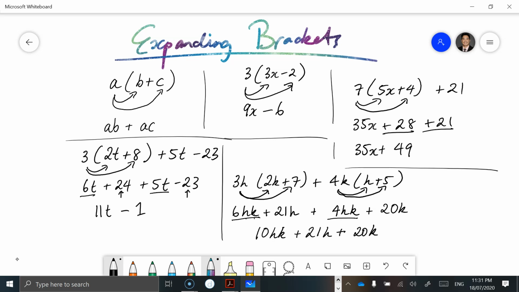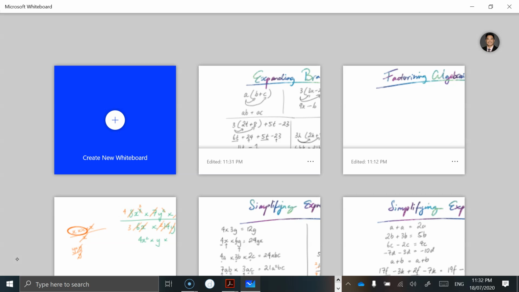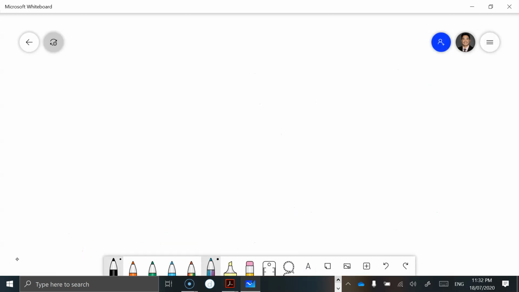Okay, so that's expanding brackets, and what I might do is, let's expand two sets of brackets, just to extend it once more. I'll put expanding two brackets.